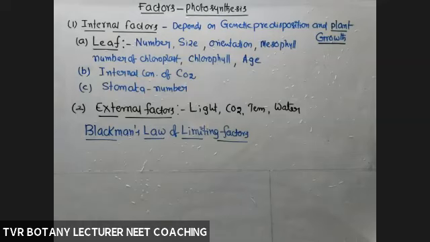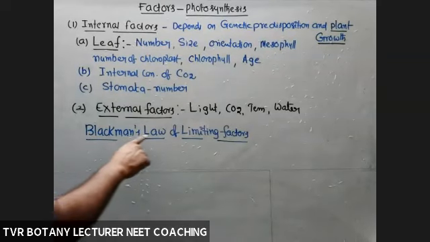If you take that as a biochemical reaction, it is regulated by a number of factors: student factor, faculty factor, material factor, and so many factors. If any factor is less than required, definitely the yield of the student will be very less.